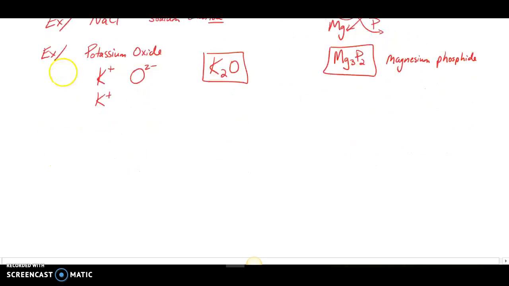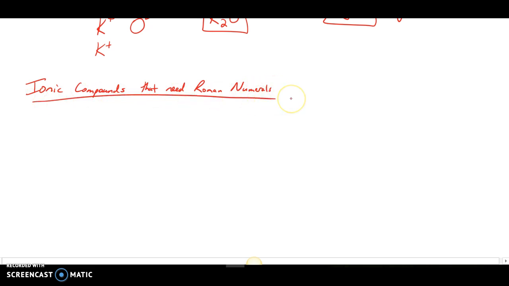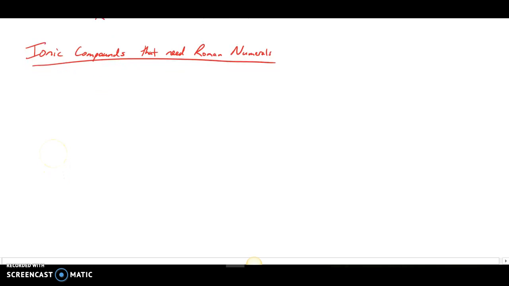Next up, after binary ionic compounds, we're going to talk about ionic compounds that need Roman numerals. So you've probably noticed up to this point in the year, we've kind of ignored the middle d-block of the periodic table.